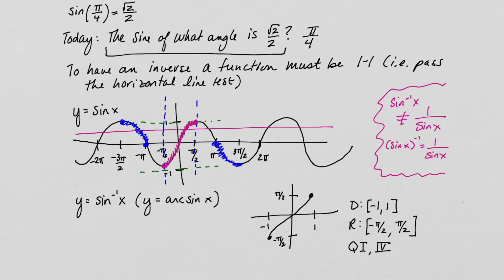Together, those would cover all of the values between -1 and 1 on the y. I could have even gone from 3π/2 and kept going up to this part. So there are lots of different little pieces of the sine graph that I could have picked, but we mathematicians have chosen the standard part, -π/2 to π/2. Does that help?